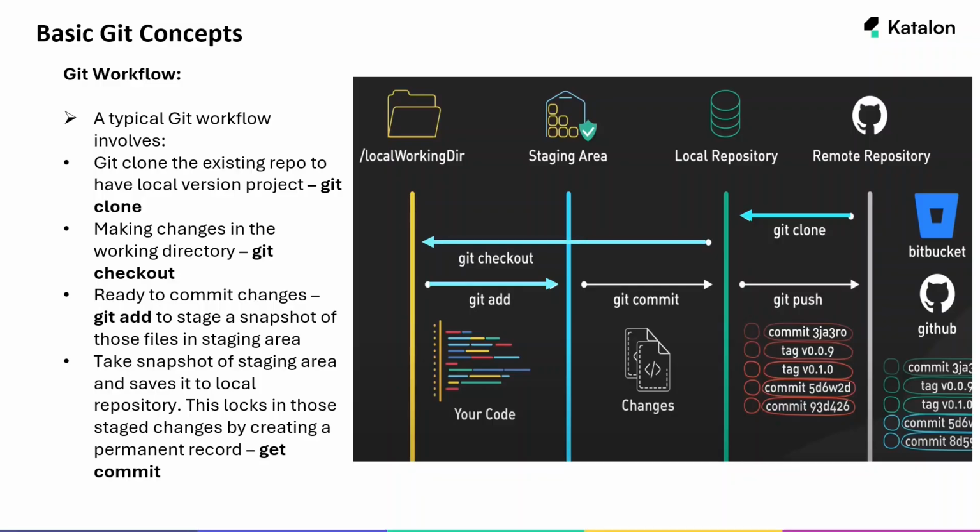This logs those staged changes by creating a permanent record by using git commit. So this git commit takes a snapshot of the staged changes, and it logs those staged changes by creating a permanent record.